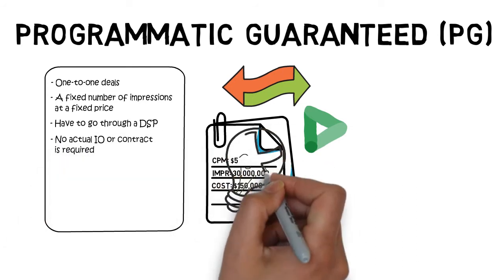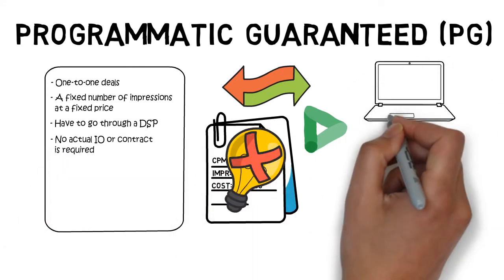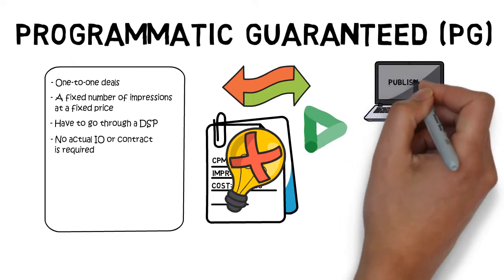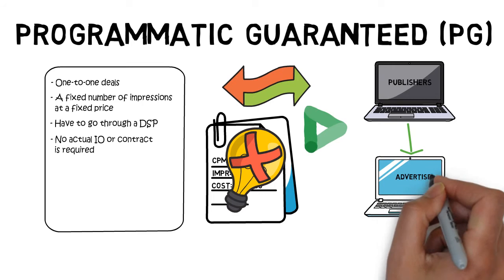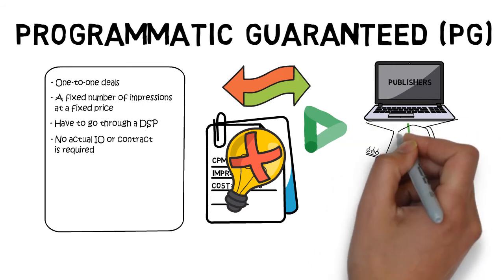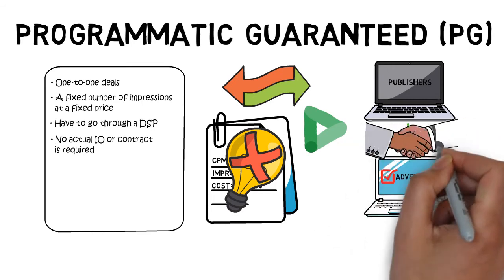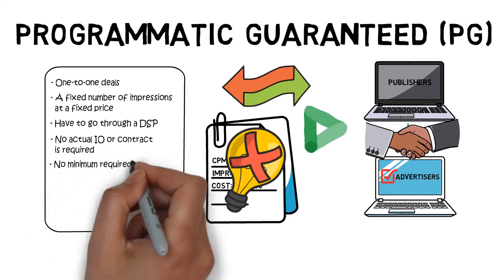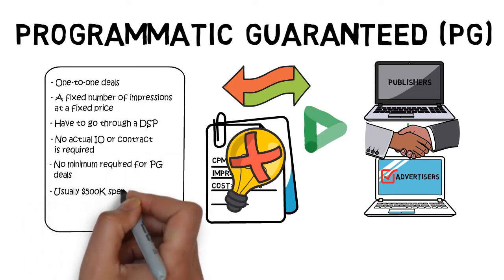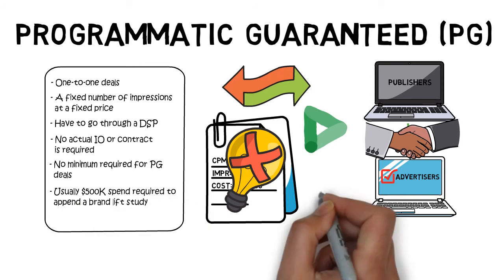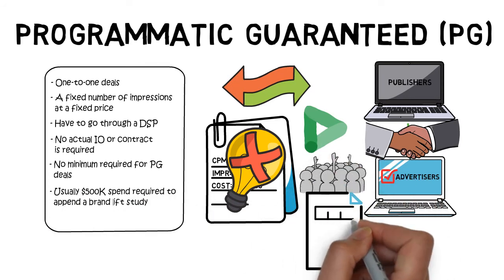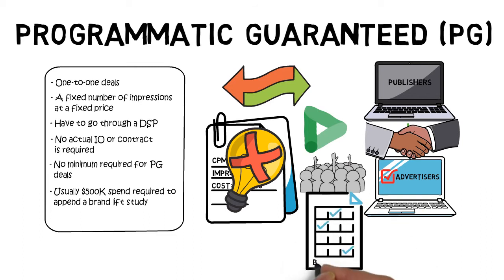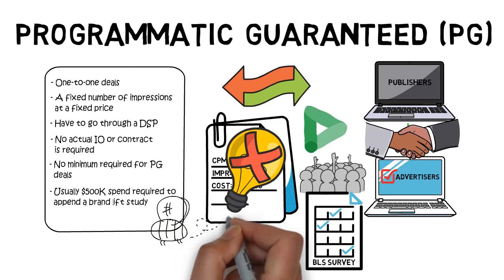No actual IO or contract is required once the publisher sets up a deal in the platform and it is then accepted by the advertisers in the DSP. Then the agreement is formed. There is no minimum required for PG deals, but if you want to append a brand publicity study for your campaigns, usually the publishers will require a 500K minimum to make sure enough impressions will be collected for the study.